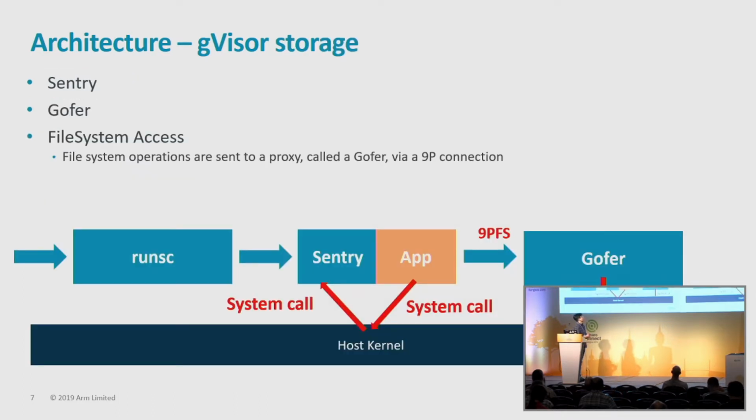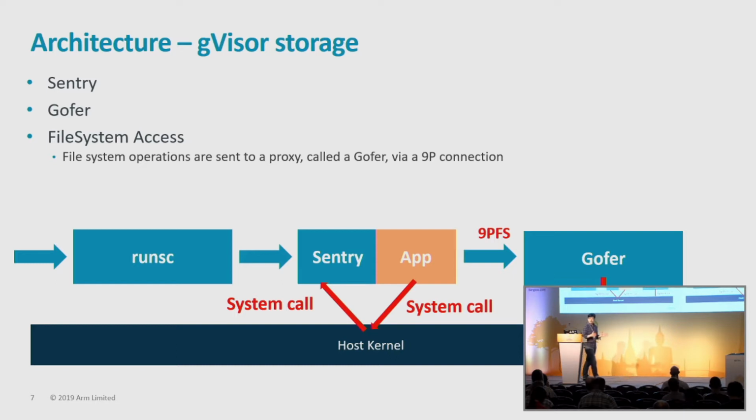Okay, let's see the storage part of gVisor. For security issues, all file system operations are sent to a proxy. The name of the proxy is Gofer. Also, we can see here, 9pfs. Now, gVisor uses 9pfs to communicate between Sentry and Gofer.